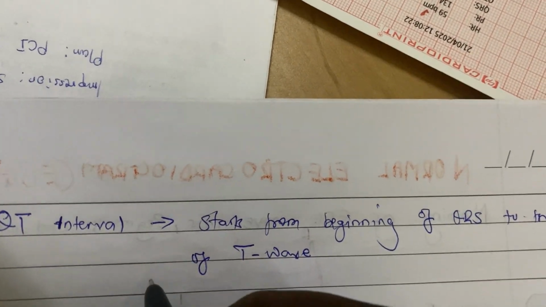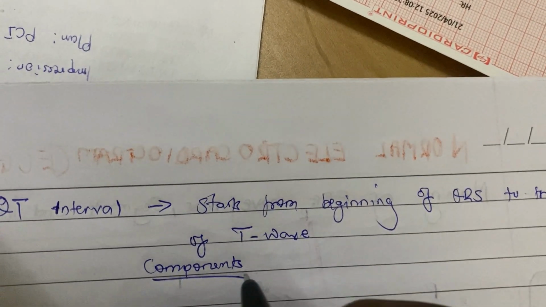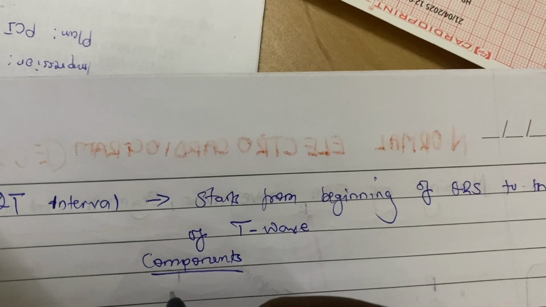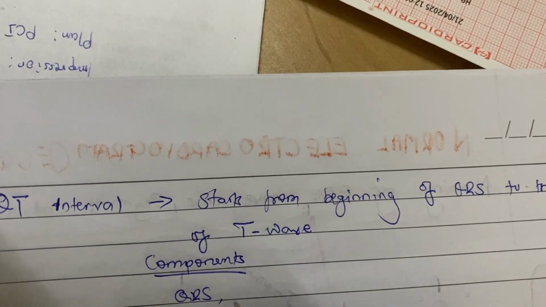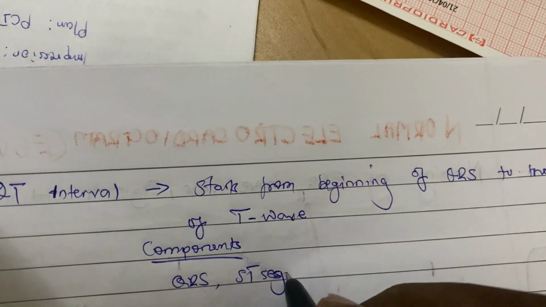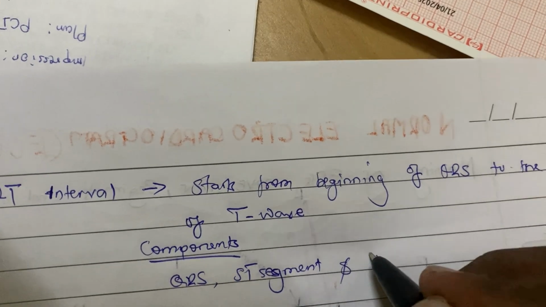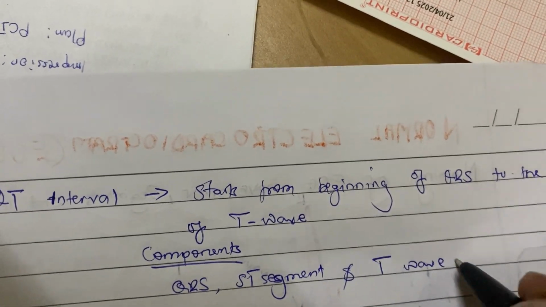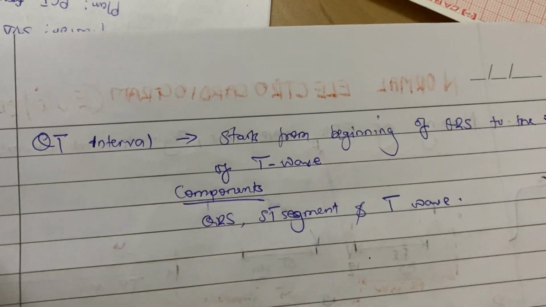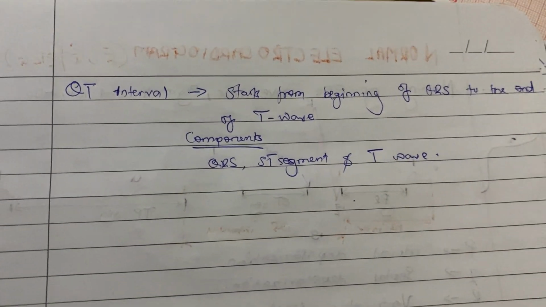So what are the components? The components are QRS, ST segment, and the T wave. So we have finished intervals and segments.